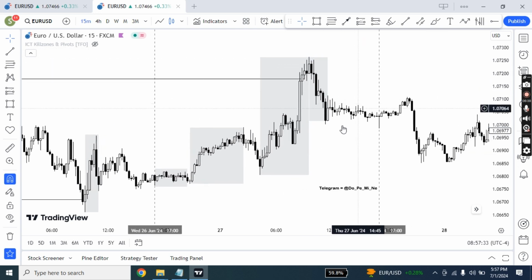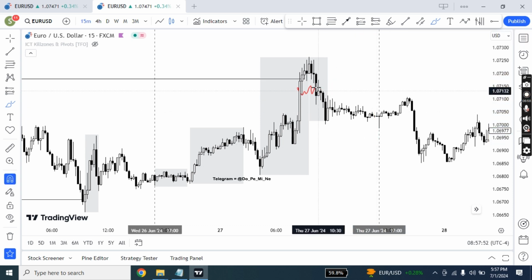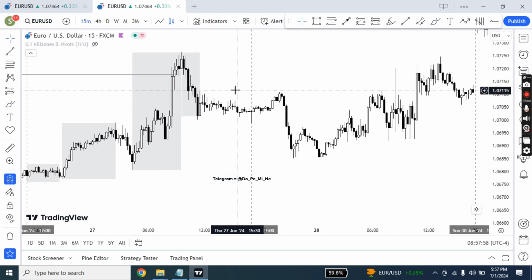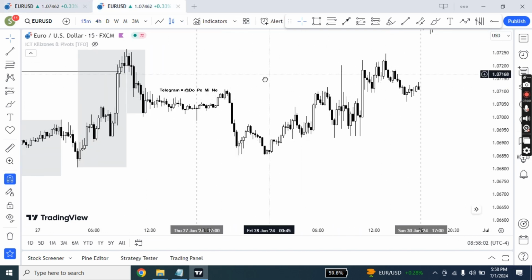Now, if price hadn't closed inside that key level and hadn't taken out that high right here, for example like this, and the expansion profile had ended there, then we would have expected a range and then a manipulation and then an expansion down. But in this case the expansion profile tested the key level, so we straight away expected a reversal profile from here, right? Now this is Friday's price action right here.